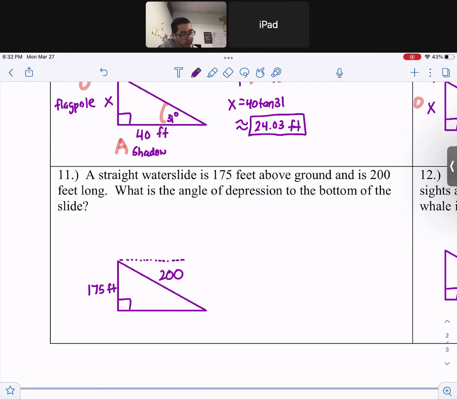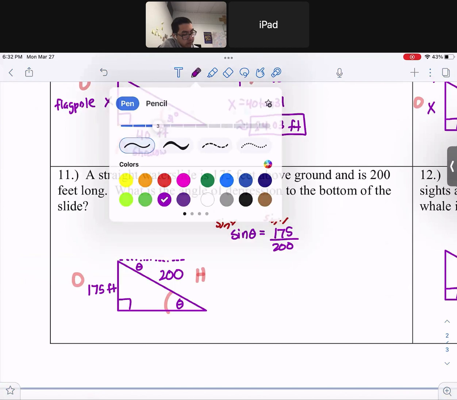Again, angle of depression is the angle formed with the ceiling, which is also congruent to the angle of elevation. So, from the perspective of this angle, this is opposite, this is hypotenuse, so this is using sine. Sine theta equals opposite over hypotenuse. In order to solve for theta, the angle, you have to do sine inverse to both sides.